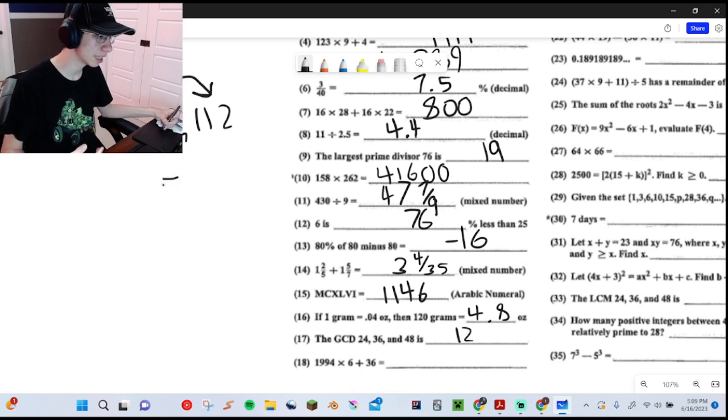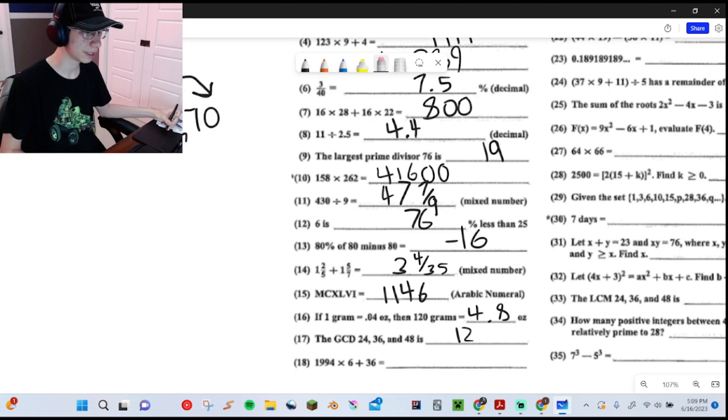In this case, the greatest common factor of these numbers is 56. Now what if I change this instead to 70? It might take a little bit more thinking. In this case, it's going to be 14.